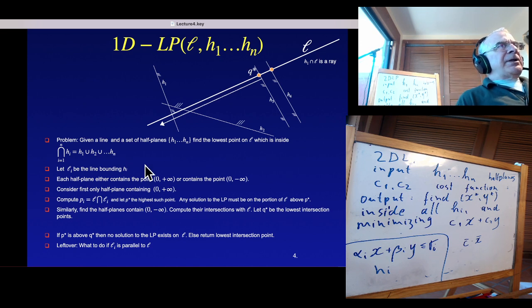And the algorithm is extremely simple. We saw it already. Let's refresh your memory.